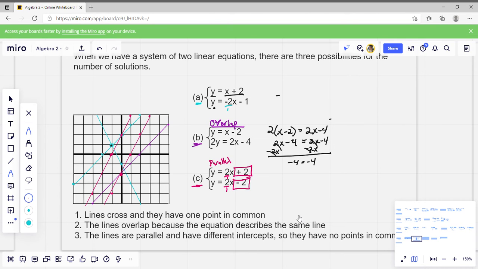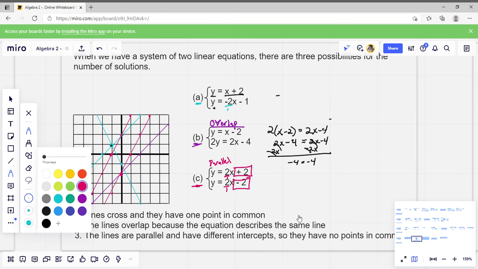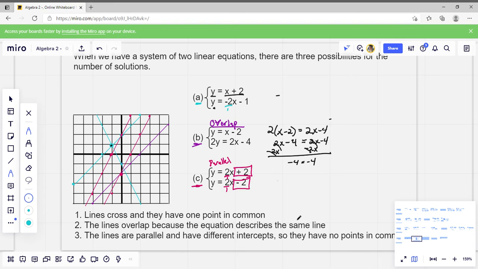Alright, so if we try to solve one of these, let's say that we subbed in one of these values. We'll just have to set them equal to each other, or we could subtract them. Let's see. Those would cancel, and we'd end up with 0 equals 4x.